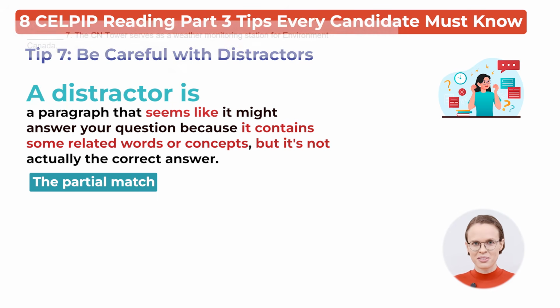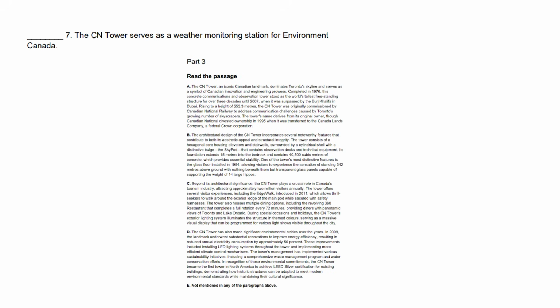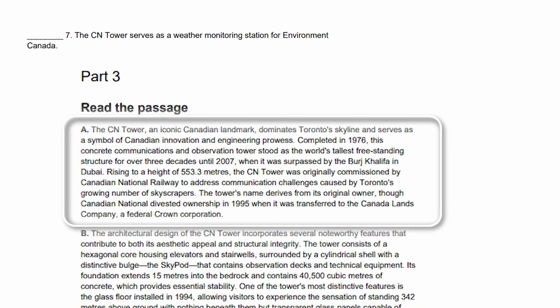Here's an example. Question 7 says, the CN Tower serves as a weather monitoring station for Environment Canada. When you scan the passage, you can see that paragraph A mentions that it's a communications and observation tower. This might seem related to monitoring or observation activities. This is a distractor.